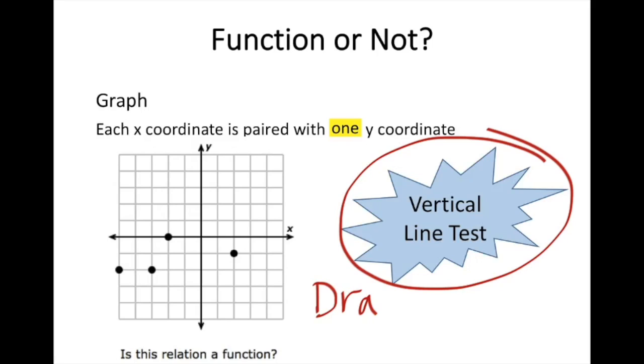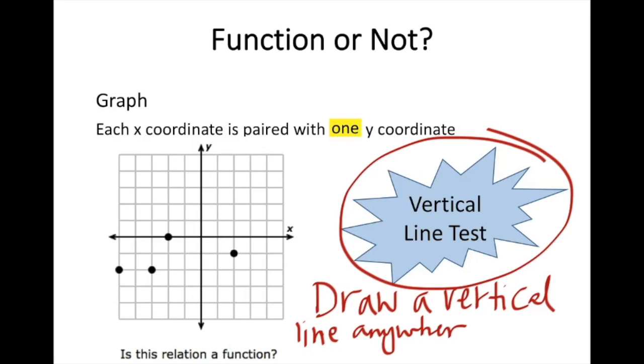Make a note that says vertical line test. Here's what the test says. Draw a vertical line anywhere. It should never cross twice.